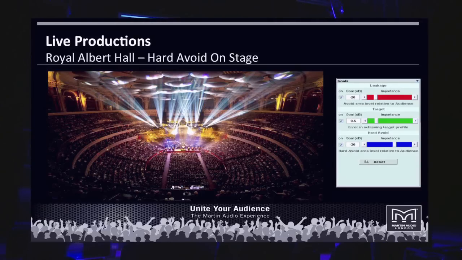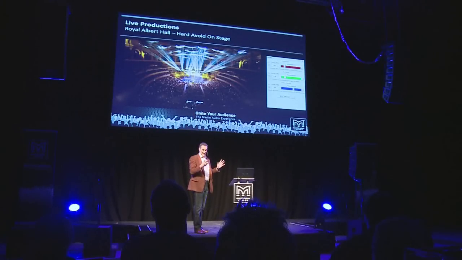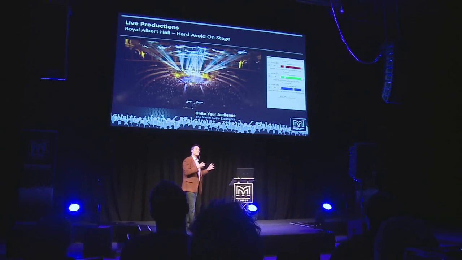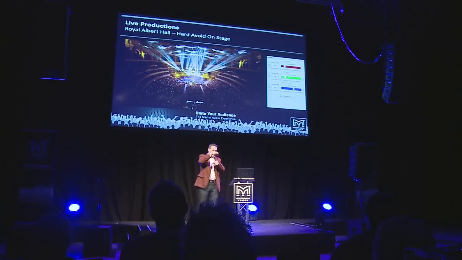Hard avoid is not just the absence of sound, not pointing a loudspeaker at a given area, but is a positive cancellation of sound using phase cancellation in a given area, typically used to keep a stage quiet. But actually, we have the control with MLA to manipulate that and put that wherever we want it to be. And when we get to listen later, we're going to give you an example of how powerful that is and how we can control hard avoid.